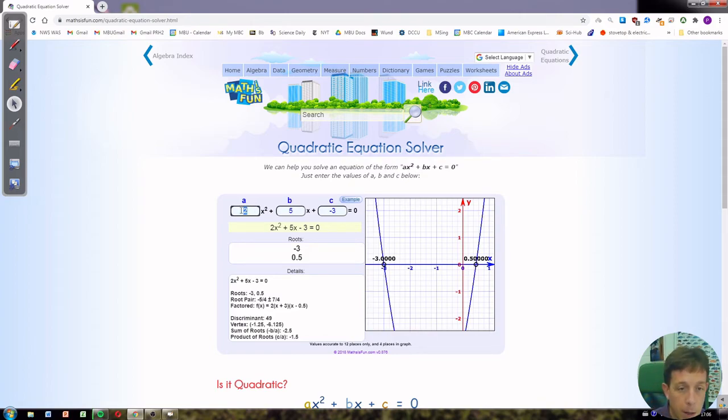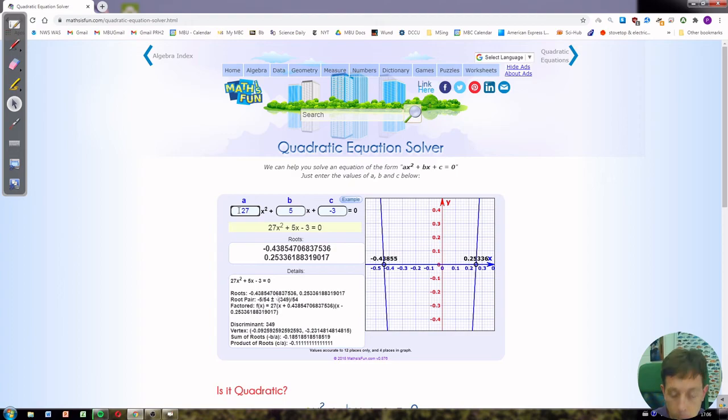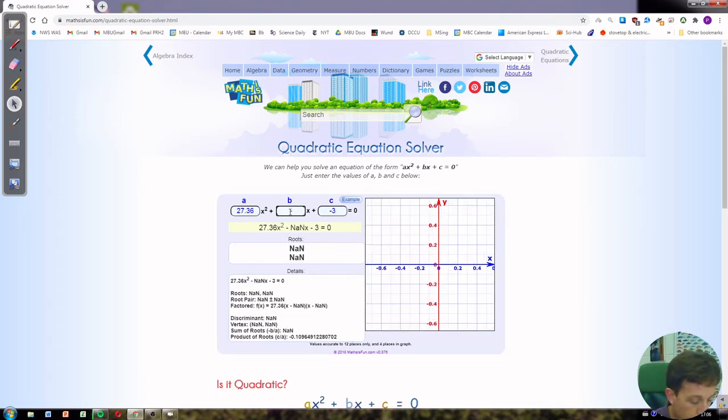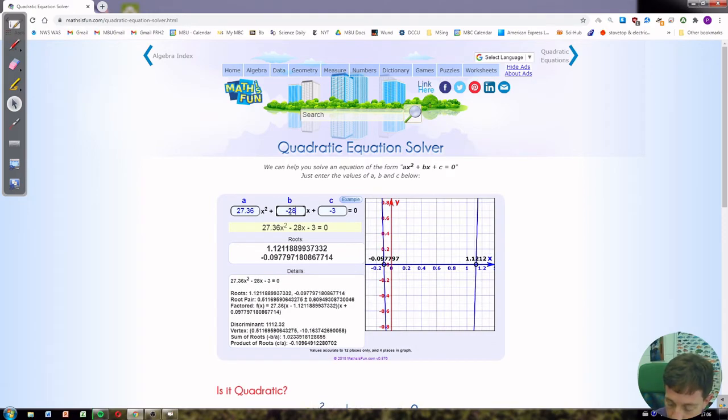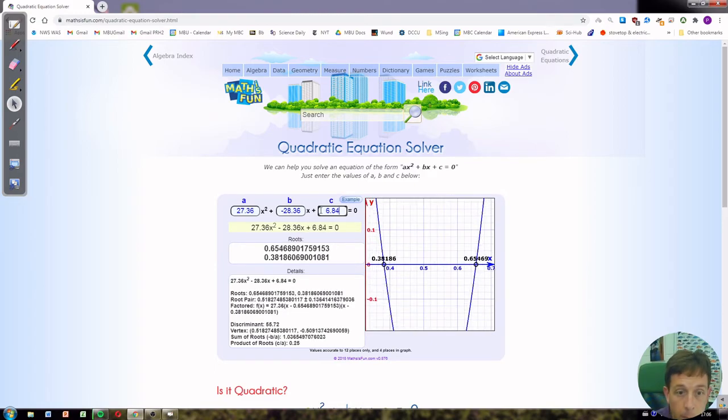So we've got 27.36x squared, and then make sure you watch the signs, minus 28.36, and for c we have 6.84, and we end up with these two roots right here. 0.655 and a bunch of more numbers right here, or 0.382.